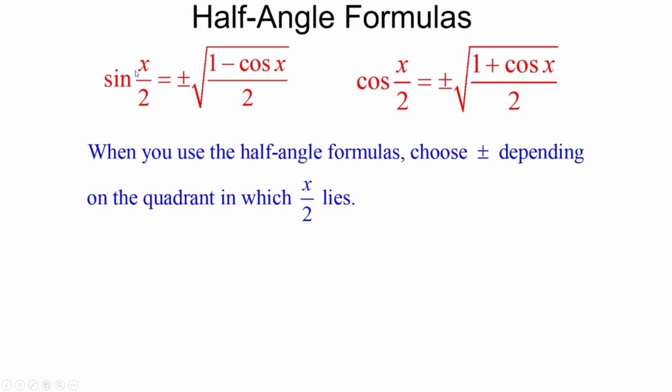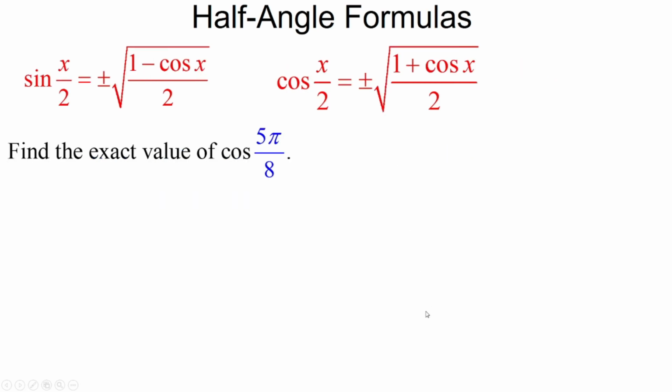If this angle is in quadrant 3 or quadrant 4, I'm going to be negative. Now over here, cosine, well, if this angle is in quadrant 1 or quadrant 4, cosine would be positive. And if this angle is in quadrant 2 or quadrant 3, cosine would be negative. That's all there is to it. So let's put this in action then.